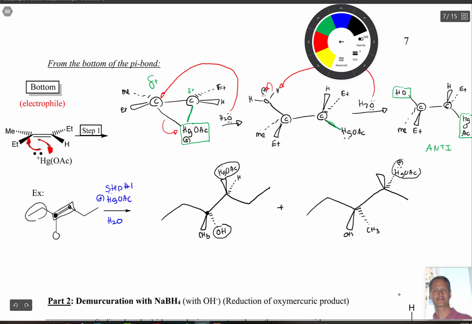The OH group coming out, the HgOAc pointing back, and the H here, that's the other product that you get. The relationship between these two is that they are enantiomers of each other. That's how we're going to handle it in most of the problems that we see. We're not going to draw them out with wedges and dashes like from this bottom approach. It's just time consuming to redraw things that way.